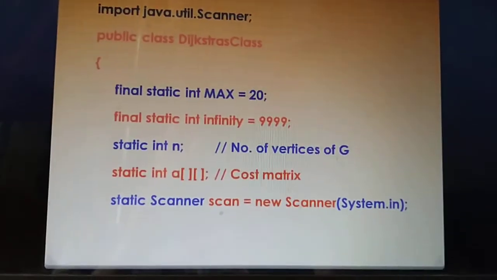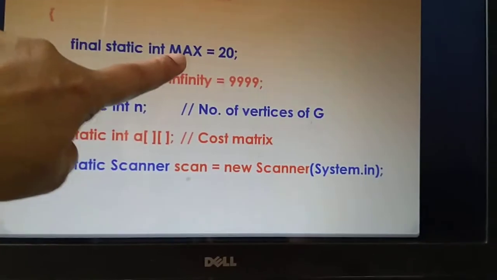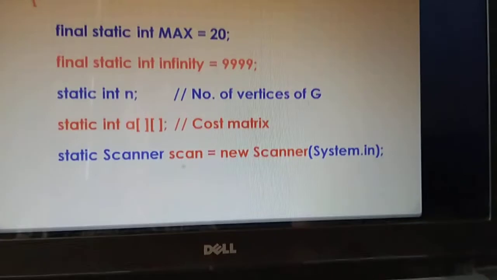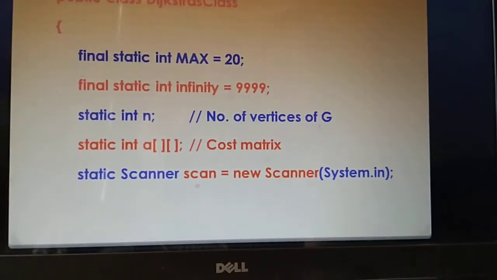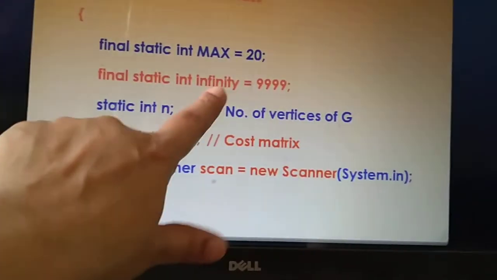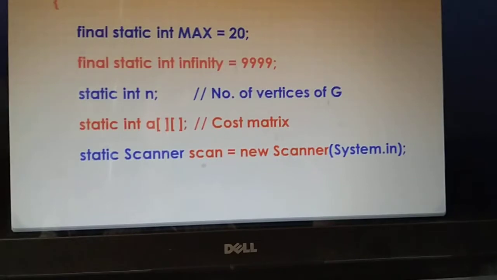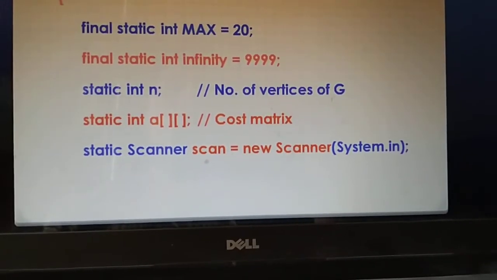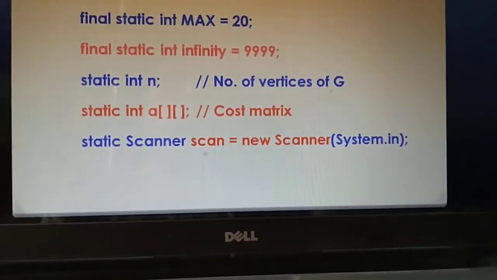Now come to the declarations that you are doing. Here the size of the array, max, they have declared as 20, but usually don't go for 20. You can keep it as 10. It is more than enough. Then you are considering one more variable called infinity. So 9999. Why we are using this value here is that we cannot write the infinity symbol.